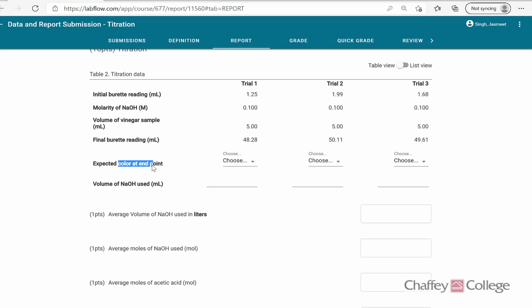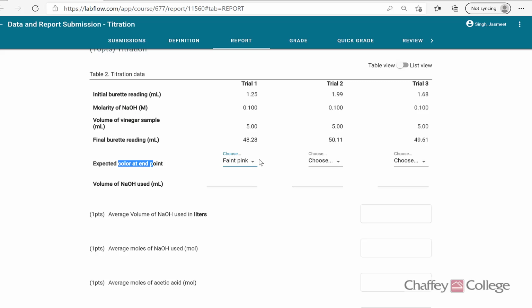The same data is given in table 2. Expected color at the endpoint: we already know that the endpoint is the appearance of pink color, so you can select faint pink. As soon as pink color appears, that's the endpoint, so we do not want to continue to add base even after the endpoint.